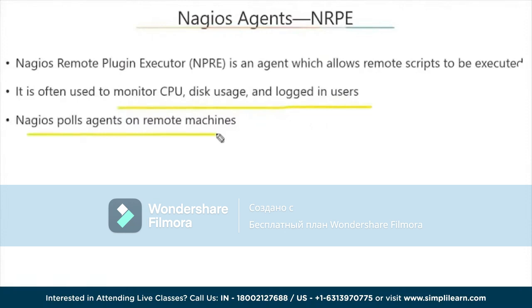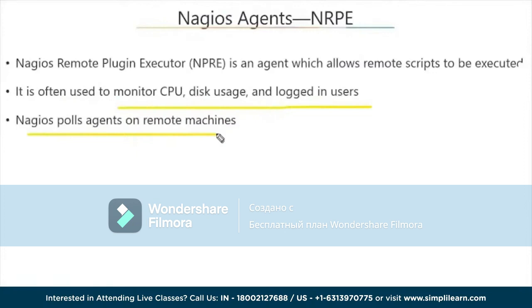So all these monitoring tools work on the concept of polling. The NRPE agent is a program that will continuously keep polling a machine for certain parameters that are configured in Nagios to be monitored.